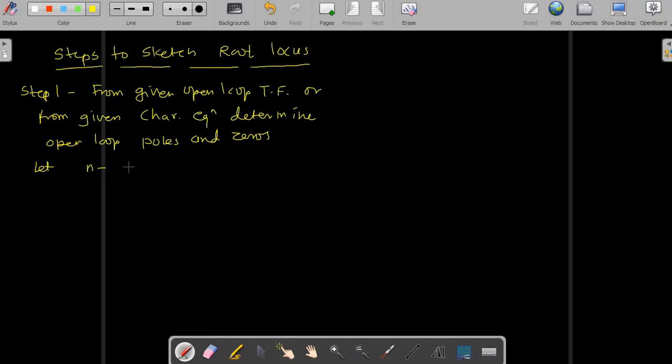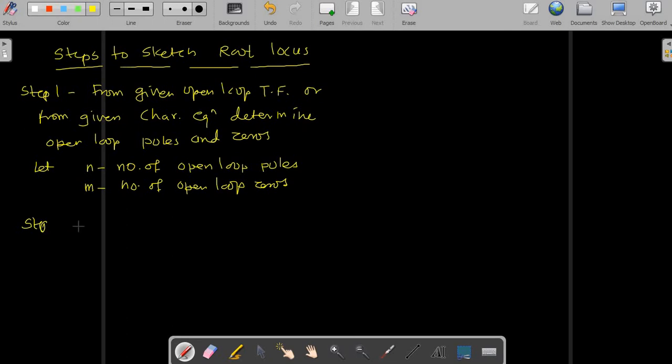Let n be the number of open loop poles and m the number of open loop zeros, right? n is the number of open loop poles and m is the number of open loop zeros.